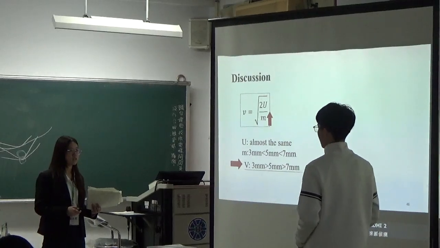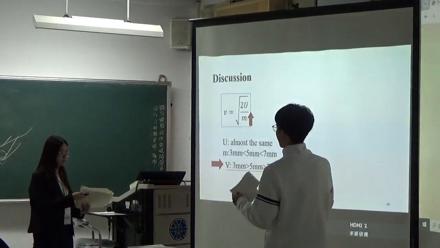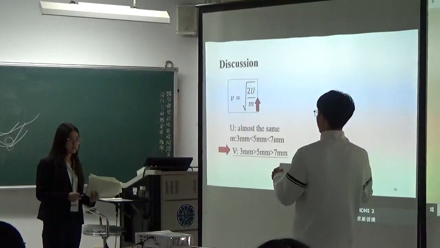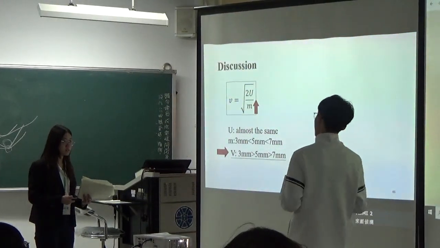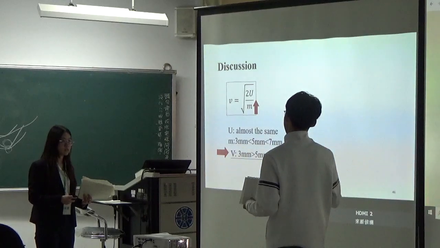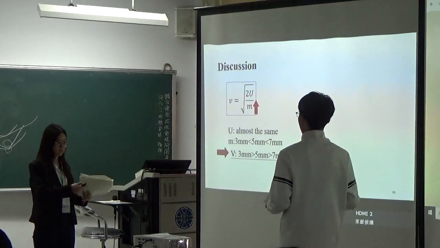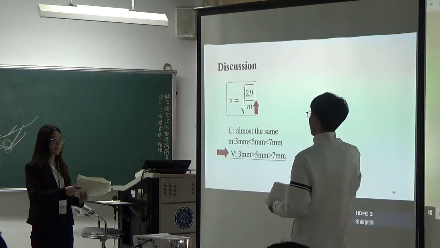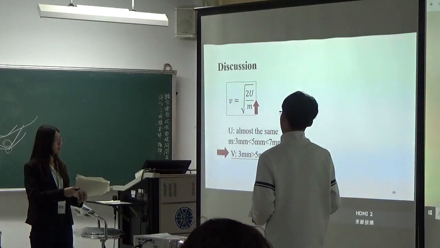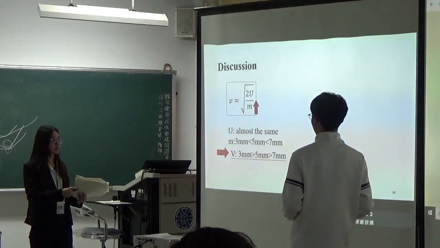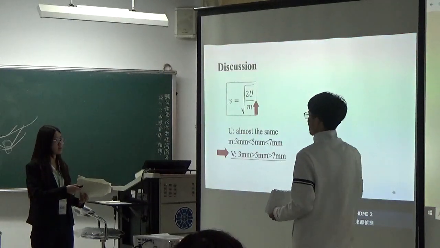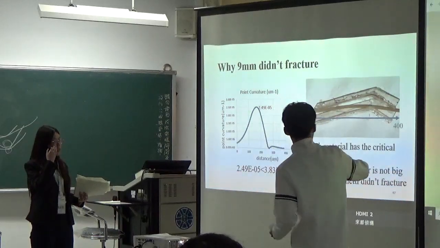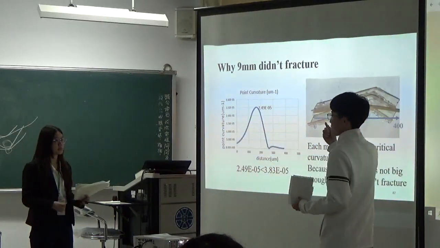Is that right? Right. So you suggested this theory. Can you tell us what the critical curvature in the experiment is? Because you said that the 9 millimeter tube wouldn't break on its own. So what is the critical curvature of this experiment, or what is the critical length of this tube? How wide does it have to be for it to not break?